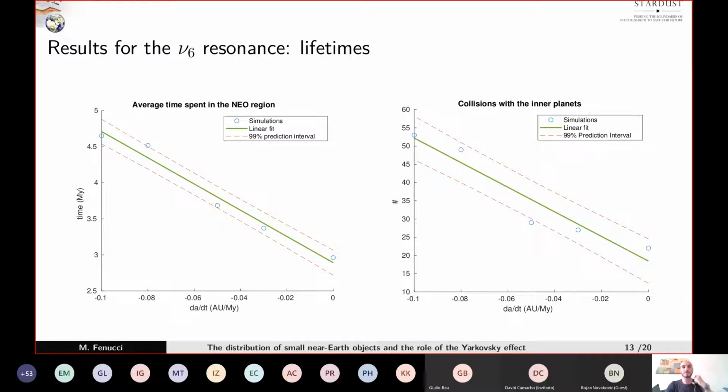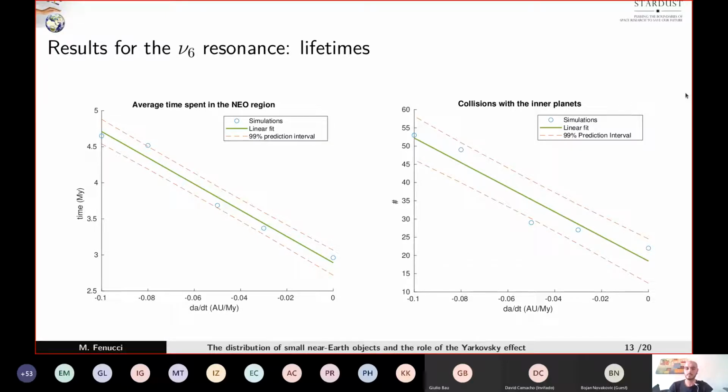And as I said before, the Nu-6 resonance is the one that produces more impacts with Earth. So in these simulations, we took into account also the collisions with the inner planets. And we can see that also here, as the magnitude of the Yarkovsky drift increases, the number of collisions with inner planets increases too.